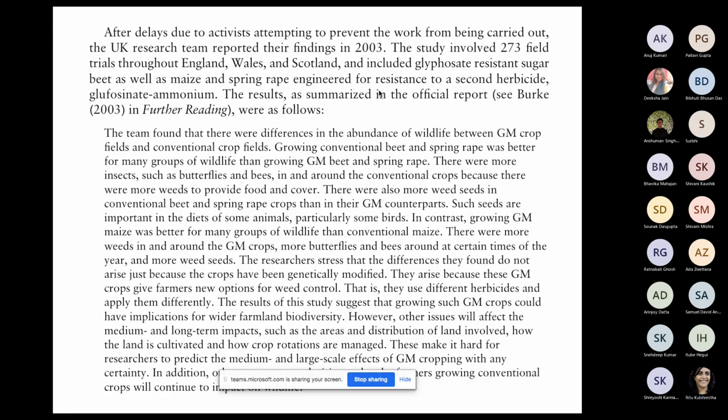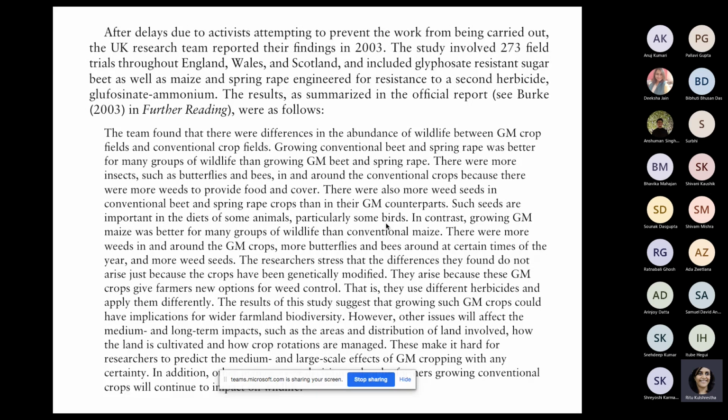So there was one field with, let's say, a glyphosate resistant crop, or whatever GM crop you had used, and another field where the non-GM crop, the original crop, was grown. Then they compared the two crops after growing, and monitored these fields.